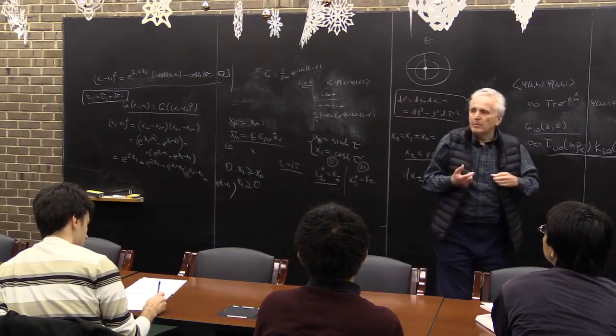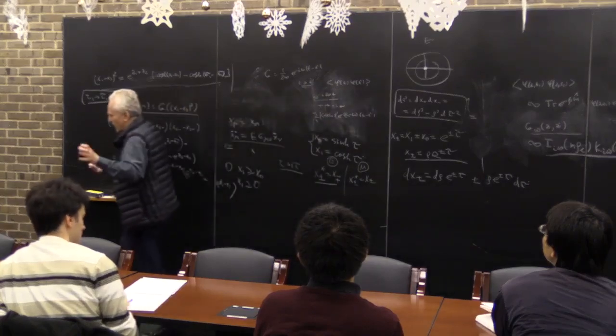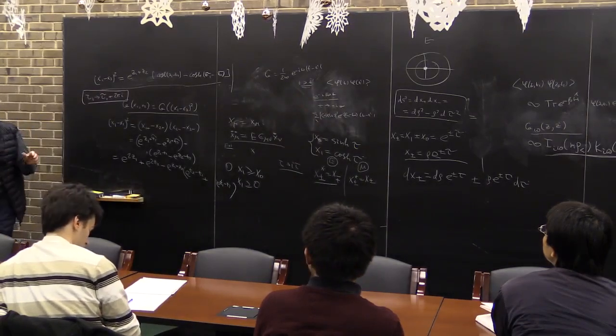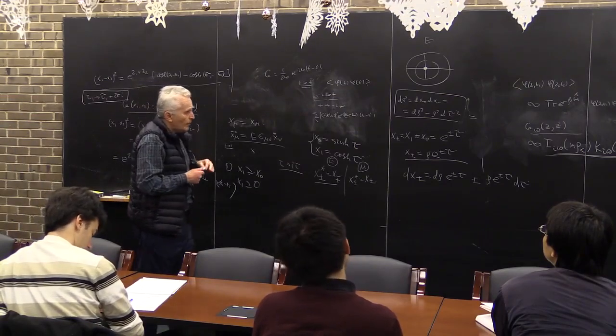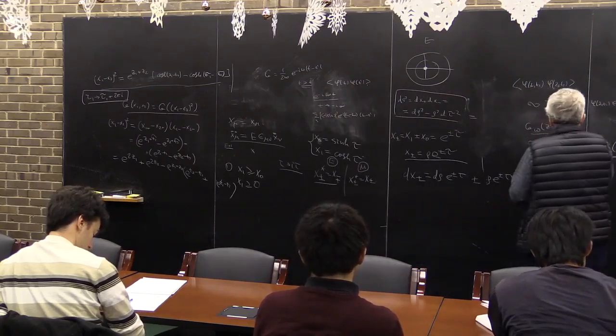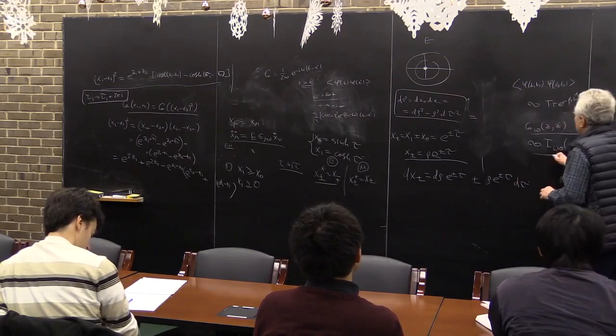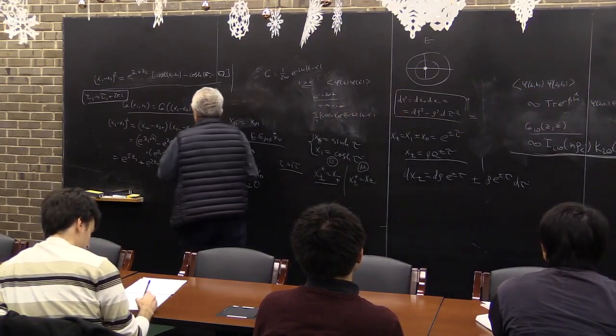Now, the analogous statement for finite temperature is periodicity in imaginary time. I will probably tell you a few things about it. So now, in this way, you can make sure that this Green function is the correct one, the ground state Green function.